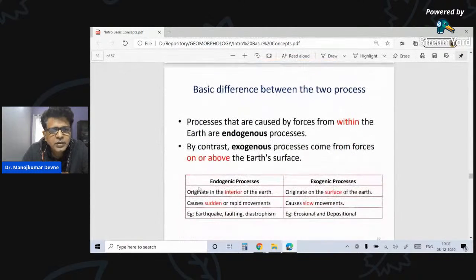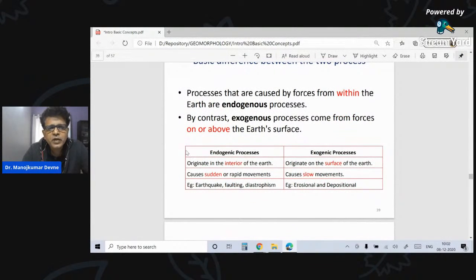What is the difference between these two processes? Processes that are caused by the forces from the inner part of the Earth are endogenous. Processes that come from outside are exogenous. The table here reads that they originate from the interior of the Earth, or originate from the surface of the Earth. They cause sudden or rapid movements. I would not agree with all of this, basically because folding and faulting are not sudden, by the way. Cause slow movements.